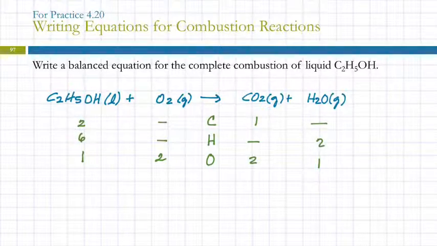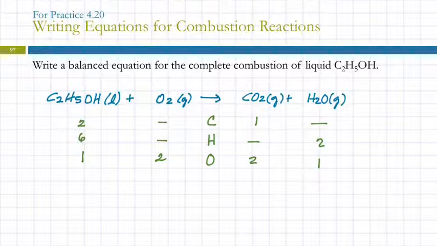This inventory technique is often helpful for combustion reactions because there's O's everywhere and C's as well, and so it just gets a little messy. So if I look to balance the carbons, I've got 2 carbons on the left side and only 1 on the right side.